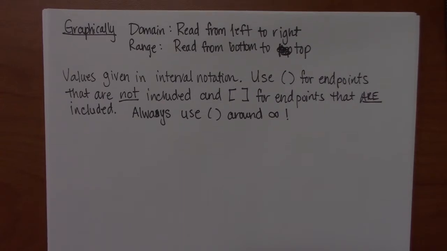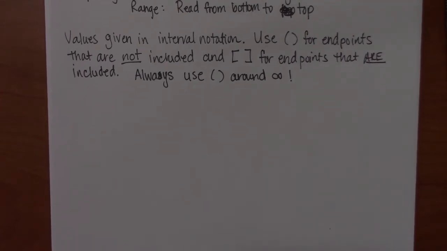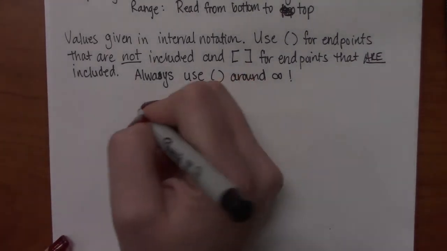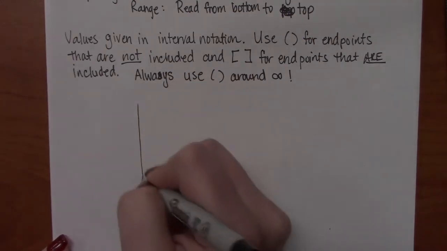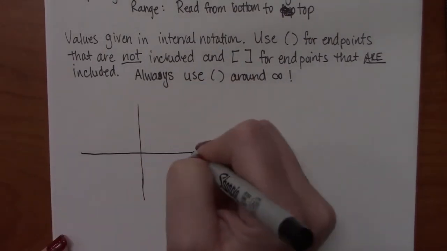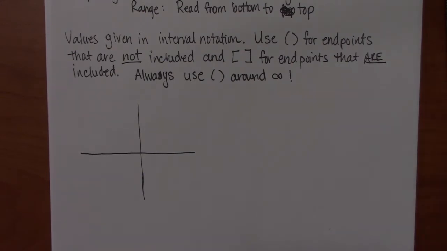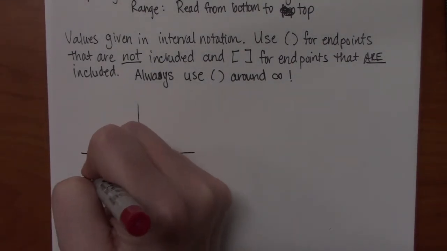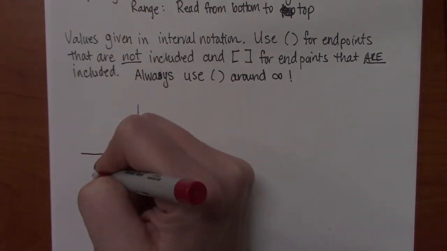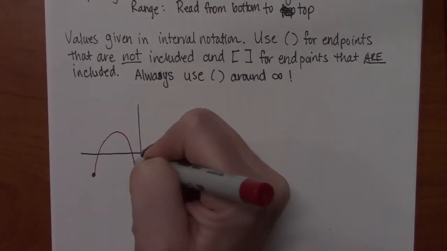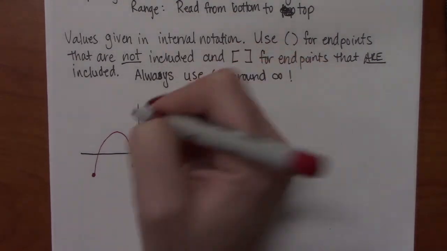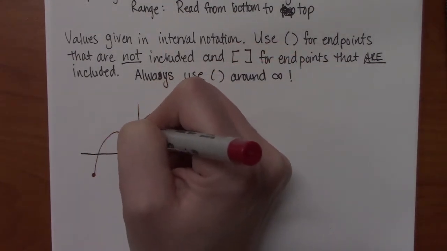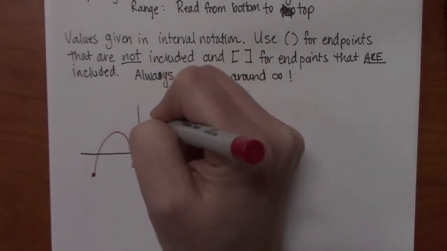All right, so let's look at a couple of examples of how to read the graph. So I'm putting a solid dot here, that's on purpose. And then I have an open circle here, that is also on purpose. Then this is an open circle.